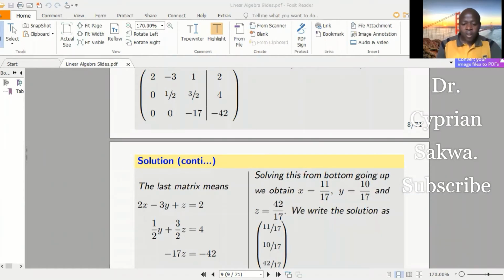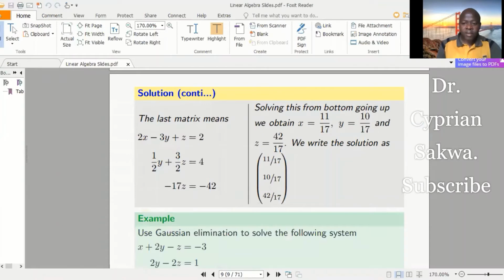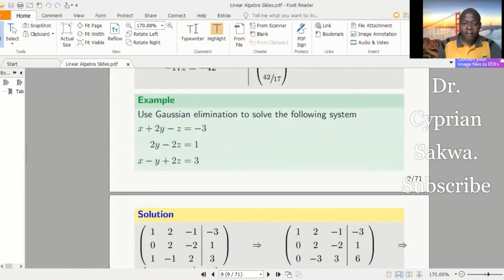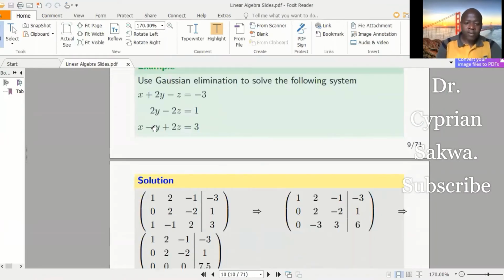Let's look at another example. And we are still using Gaussian elimination. So we have this system of linear equations. Very fast, we extract the augmented matrix. And you can see in this position we have no value of x, so I make it 0.